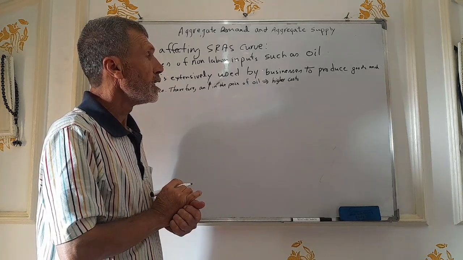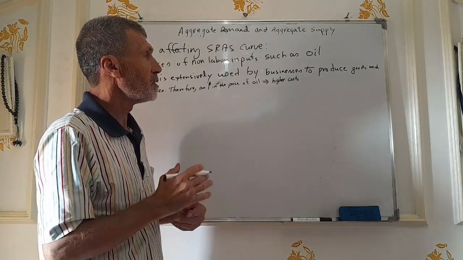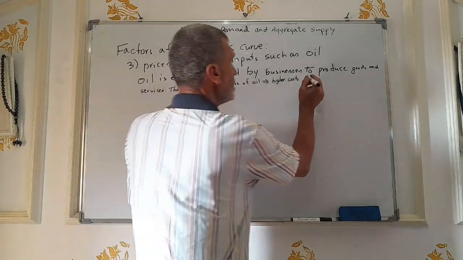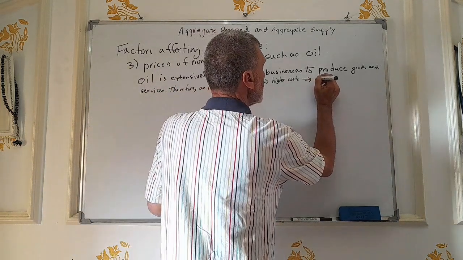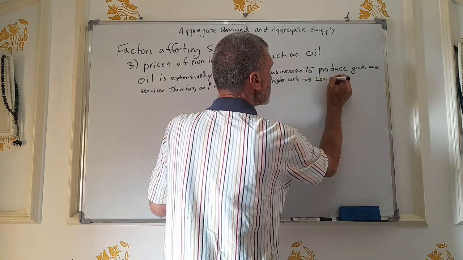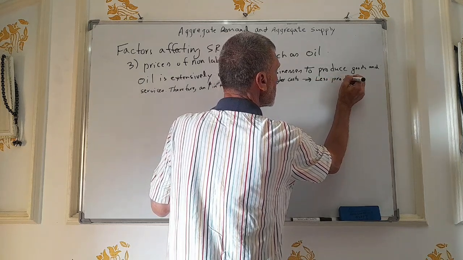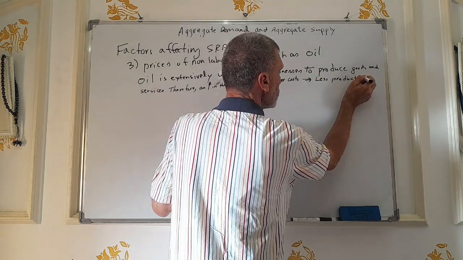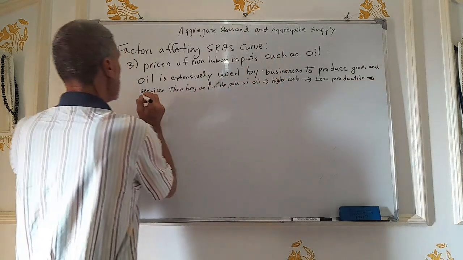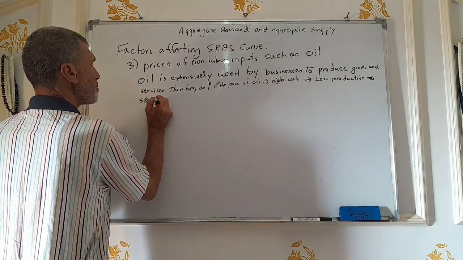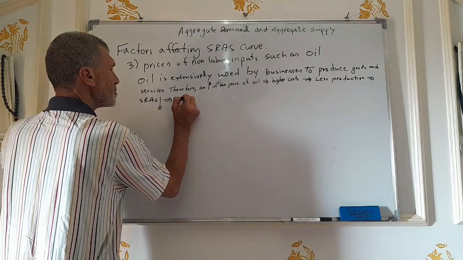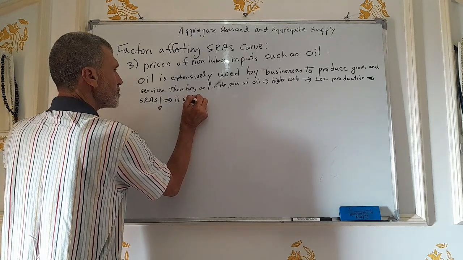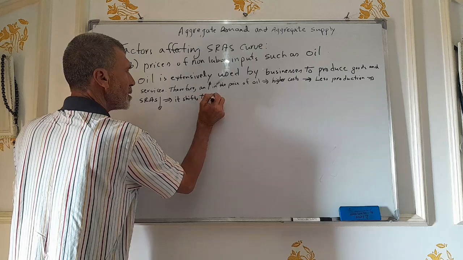So when the firm experiences higher cost, that implies firms will produce less, which implies short-run aggregate supply decreases. That means it shifts to the left.